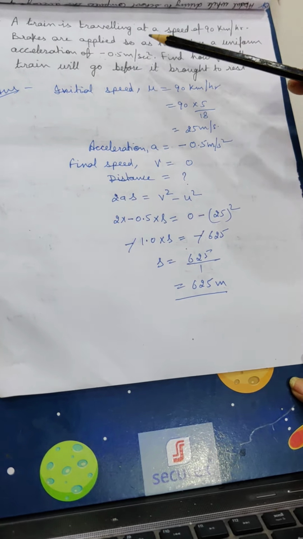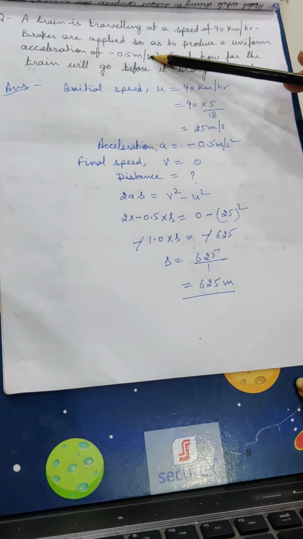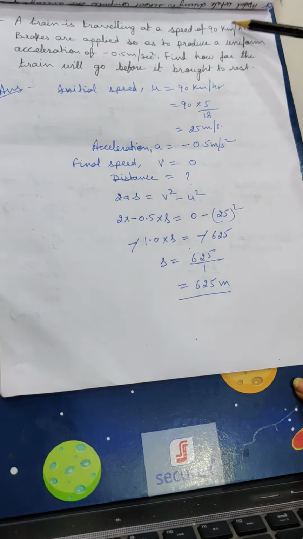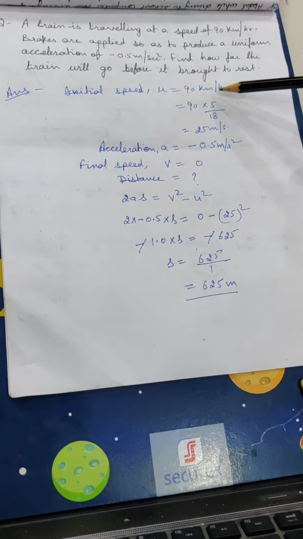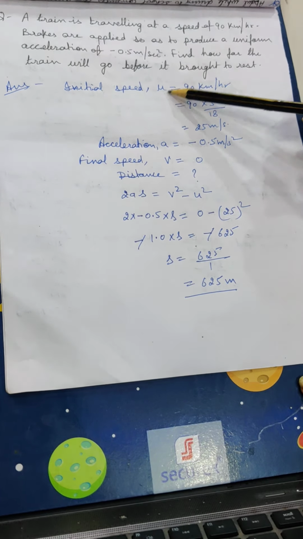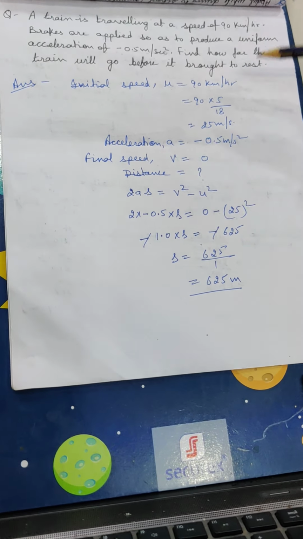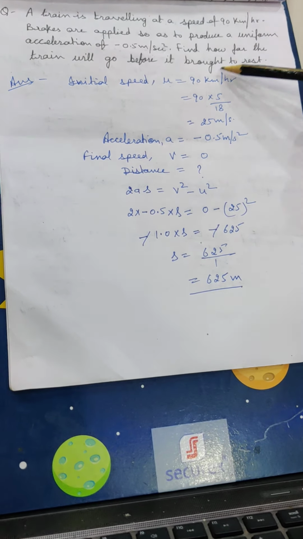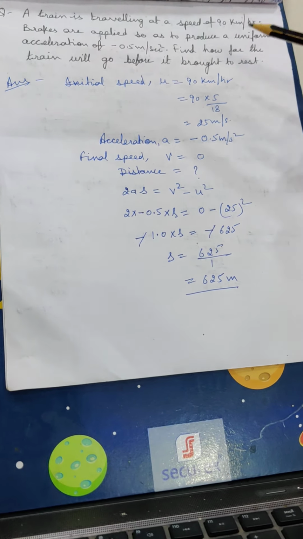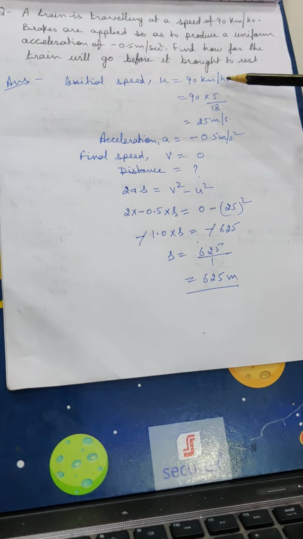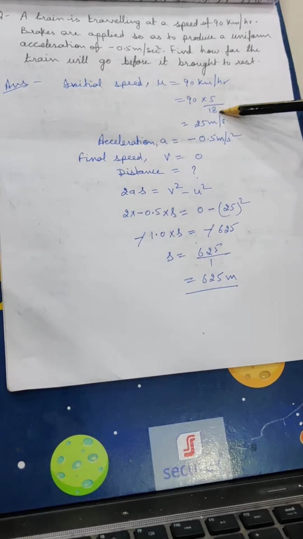Since acceleration is given in seconds and speed is given in kilometer per hour, first we have to change kilometer per hour into meter per second. Initial speed u is 90 km per hour. I told you in my previous lessons that to convert kilometer per hour, we multiply by 1000 upon 3600, which after cancelling becomes 5 upon 18.